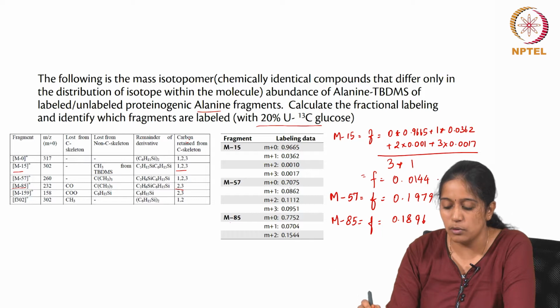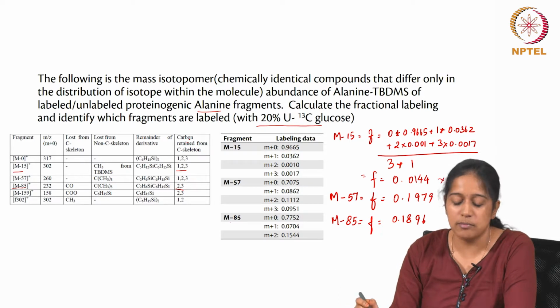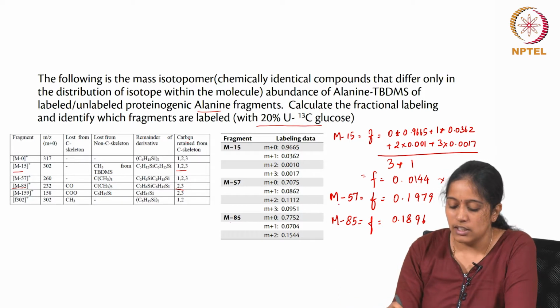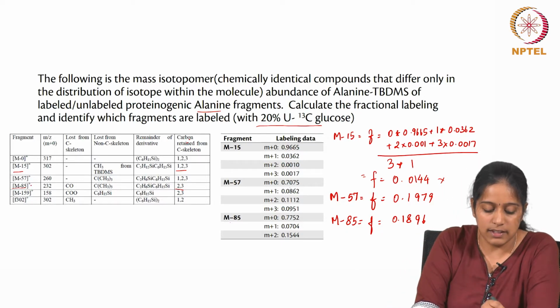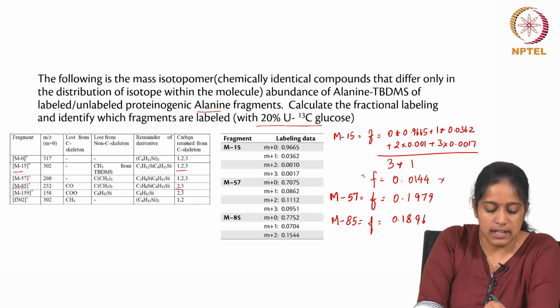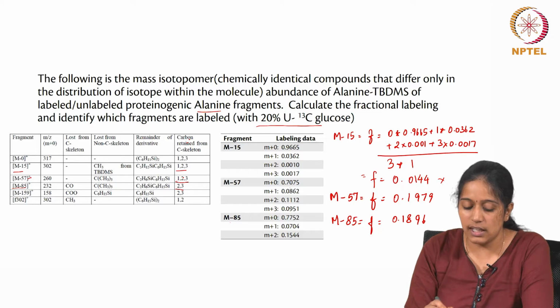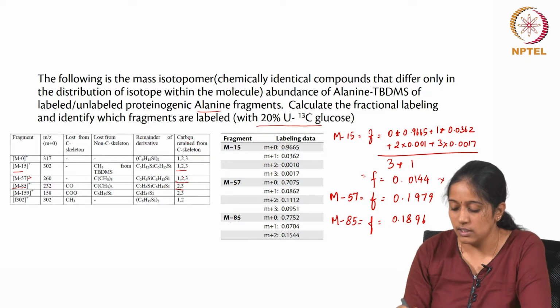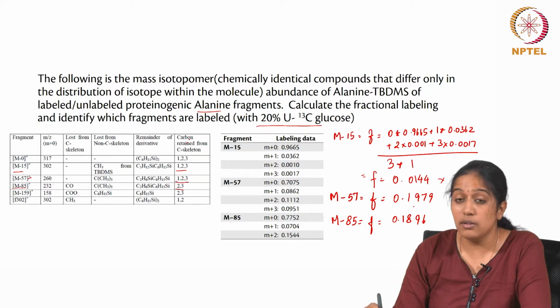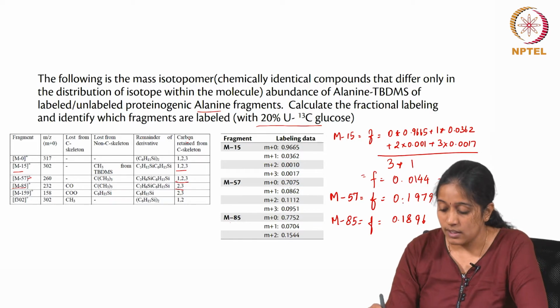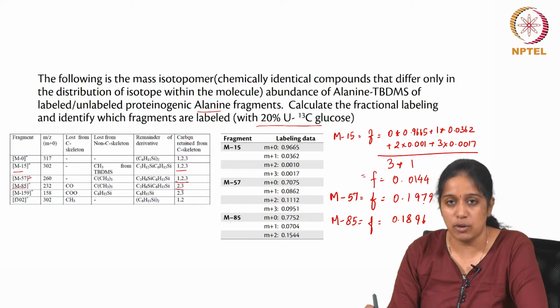So, I would rule out this fragment from my further analysis, and if I take a look at m minus 57, I already have the information from this table that m minus 57 is going to give me the information about all the 3 carbons in my amino acid. Also, if I look at the fractional labeling, I can see that it is very close to 0.2, and so I will go with this fragment.